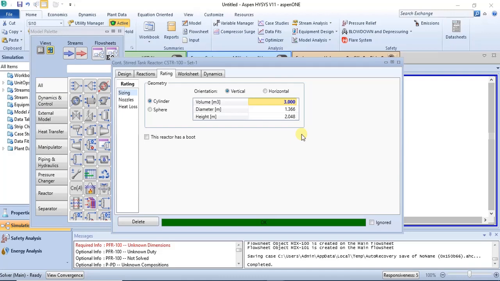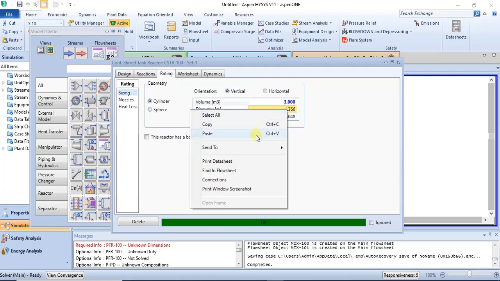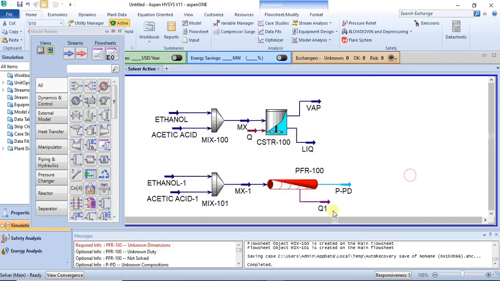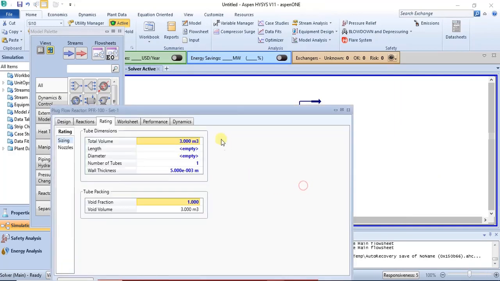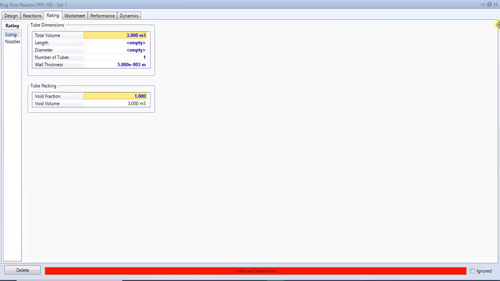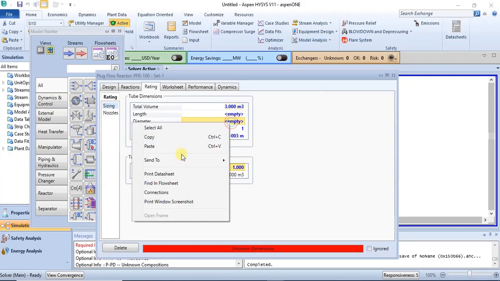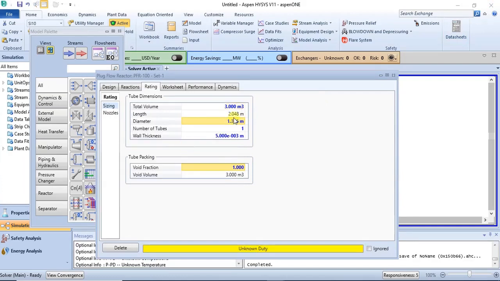In this case I will copy the calculated diameter here, because I want both of them to operate at the same conditions. I'm pasting it here. The diameter is 1.366.